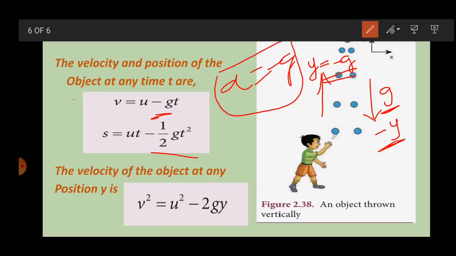At the same time, the velocity of the object at any position y: the third kinematic equation, v square is equal to u square minus 2gy. So students, this is the second case of motion under gravity.